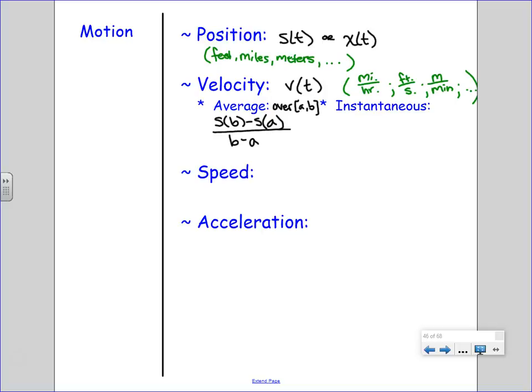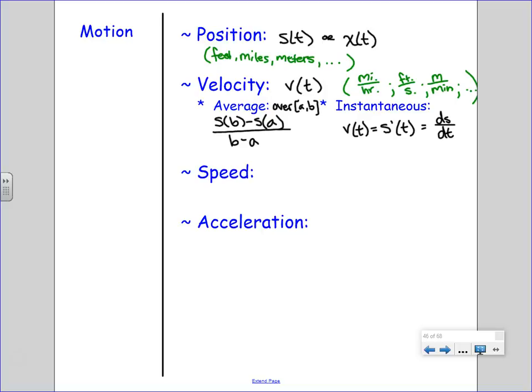Instantaneous, or if they just don't say average, they're talking about finding the velocity function by taking s prime, which technically stands for ds dt, where once again we get positions over times.